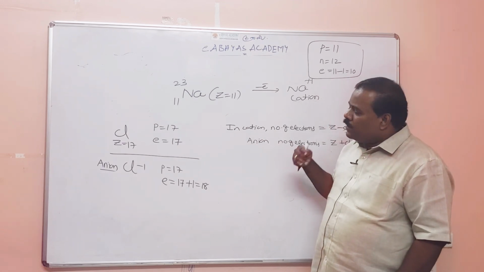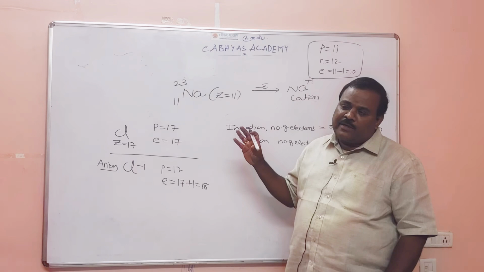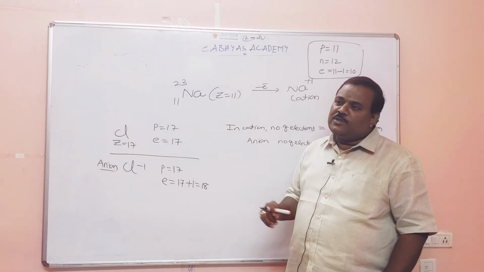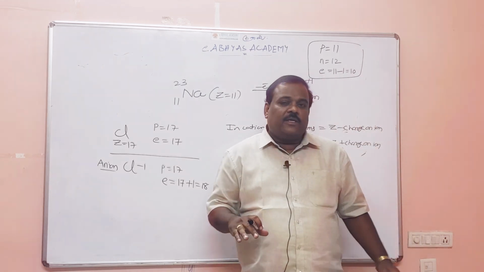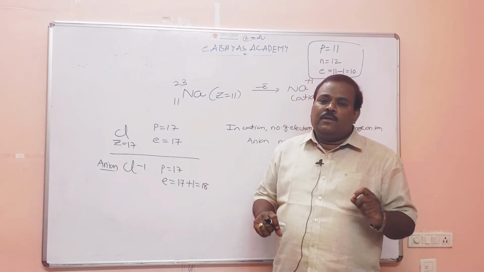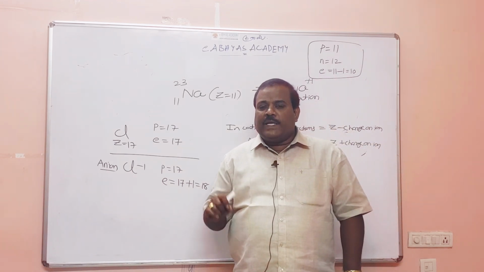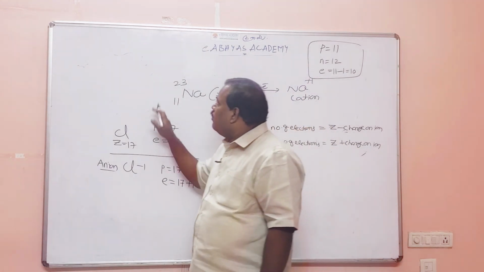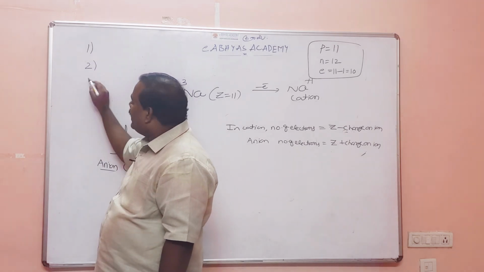So in the problematic part of calculation of number of electrons and protons, this area is very, very important in this chapter. In the problematic part of this chapter, the first important area is wave characteristics, where we had problems related to wave characteristics.